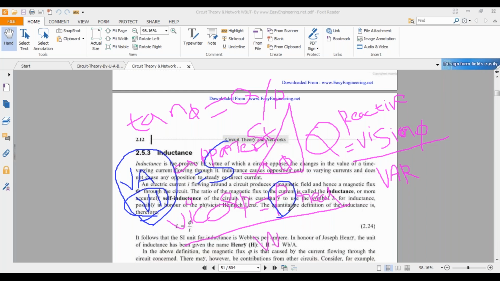Now the capacity of a battery will be indicated in terms of volt-ampere, 12 VA, etc. So the capacity of an equipment can be given in terms of an apparent power.